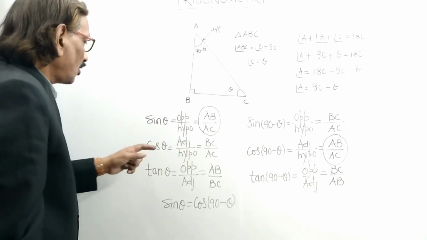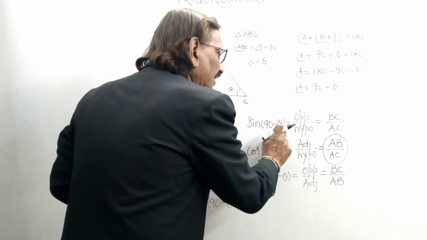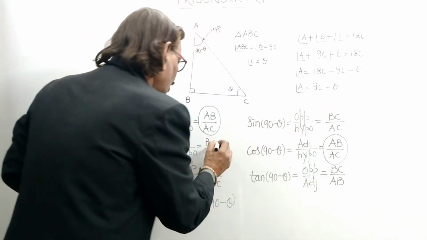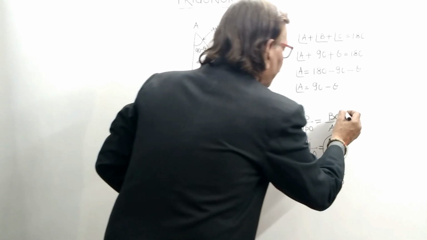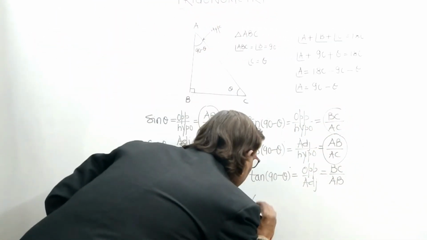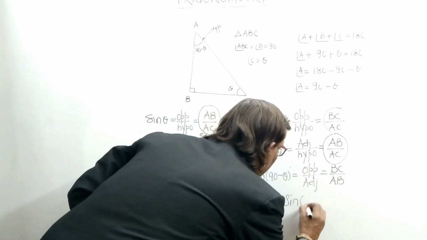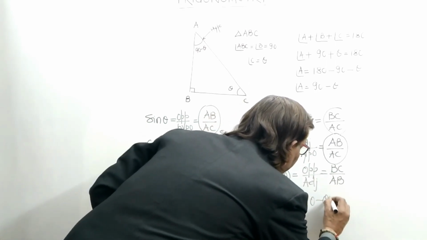Second conclusion, cos theta is BC upon AC, and here sine 90 minus theta is BC upon AC. So these two terms are same. We can conclude here cos theta is equal to sine 90 minus theta.